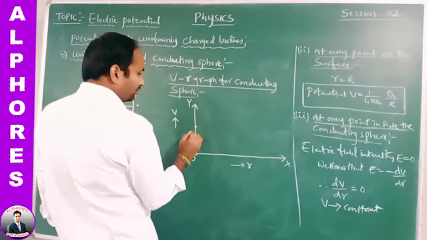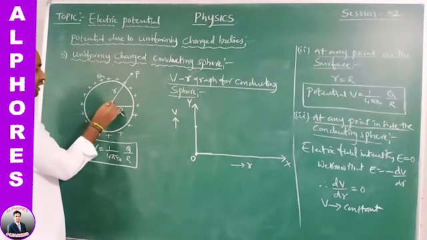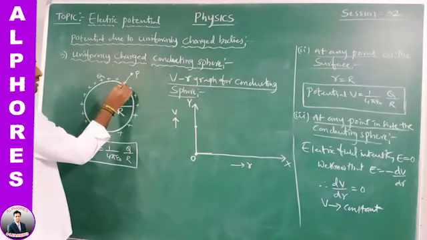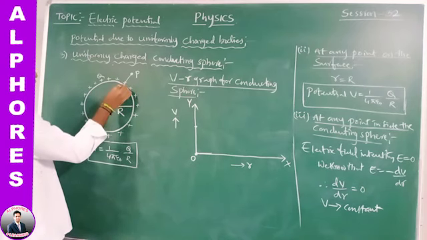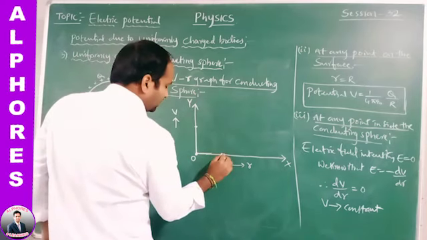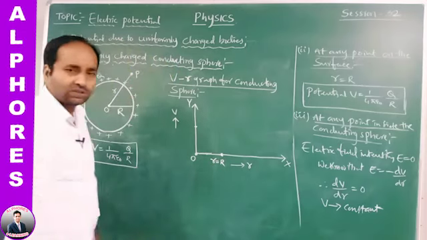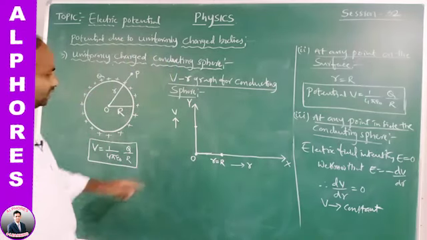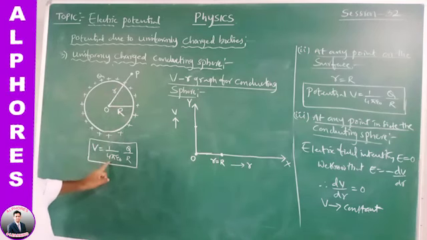When r increases from the center to the point P on the surface, small r increases up to the surface. Let us take this point where small r is equal to capital R. Until small r is equal to capital R, the potential value remains the same.